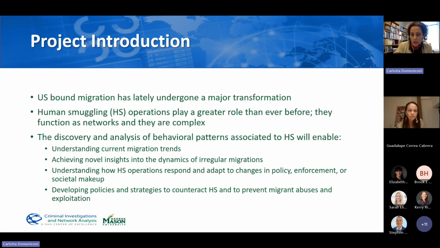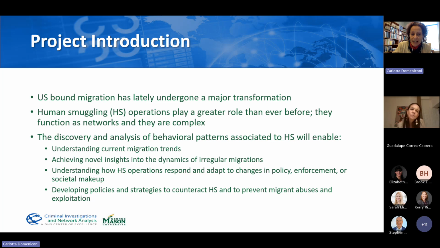And human smuggling networks and operations in general have a great impact on this phenomenon, especially since they have developed from earlier on being small family organizations into large organized networks, which act as very complex systems and may also interface with corrupt officials as well as transnational organized crime.